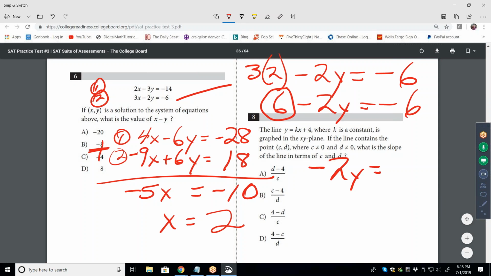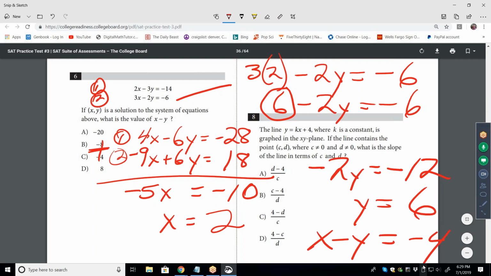Next line. Okay, and now what is x minus y equal to? Good. There you go.